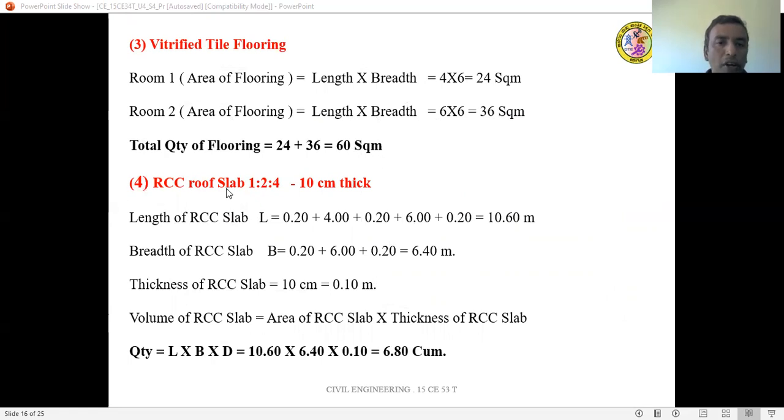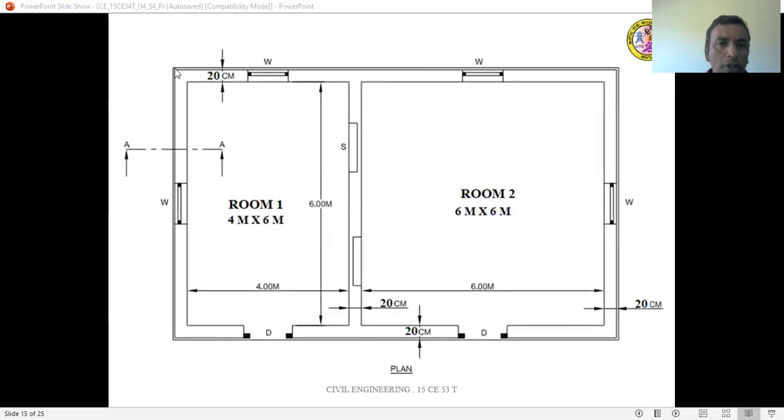Next item is RCC roof slab for 1:2:4. The thickness of the RCC slab is given as 10 centimeter in cross section. The length of the RCC slab is calculated from this picture, from the outer surface of wall to the outer surface of wall. Just add the dimension of each item and you will get the length of the RCC slab.